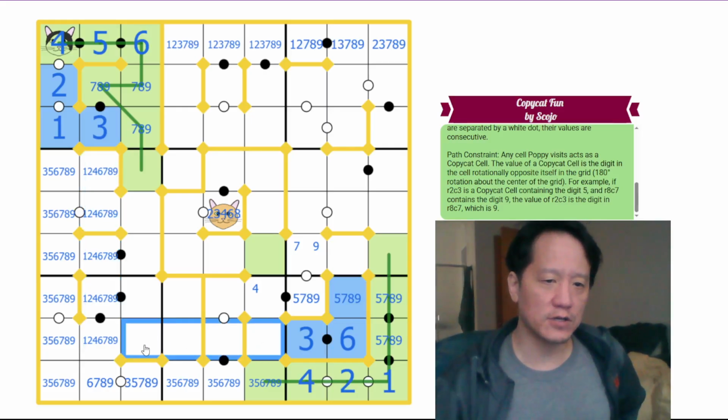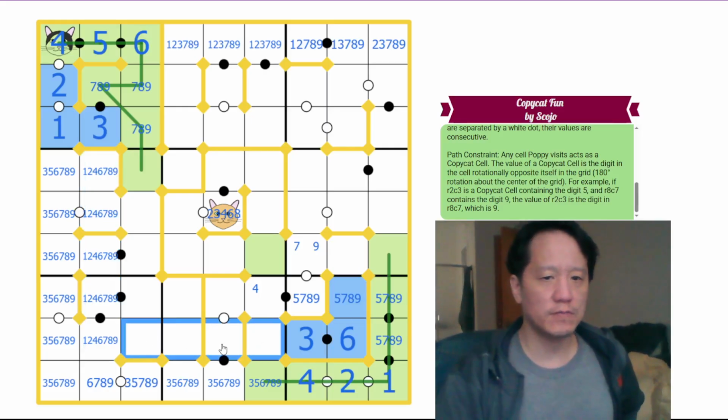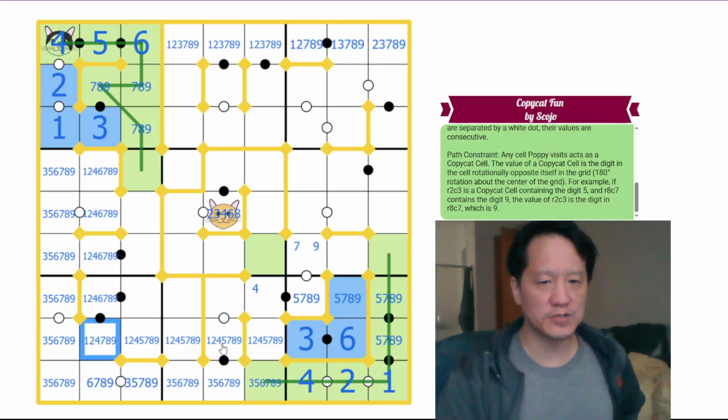Remaining digits in row 8 are 1, 2, 4, 5, 7, 8, 9. And this can't be 6 because of 6 in the row. This can't be 3 or 6 because of 3 or 6 in the row. Interesting.